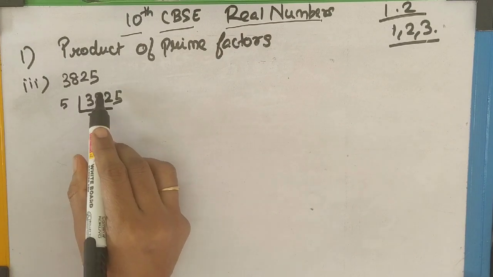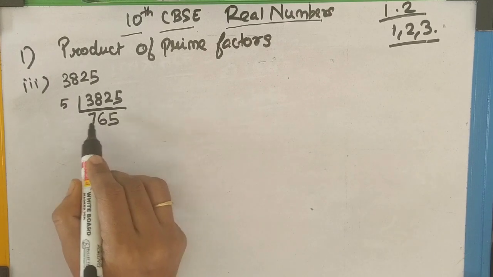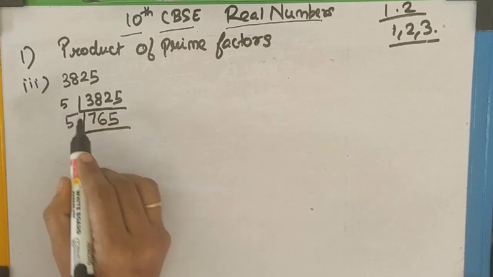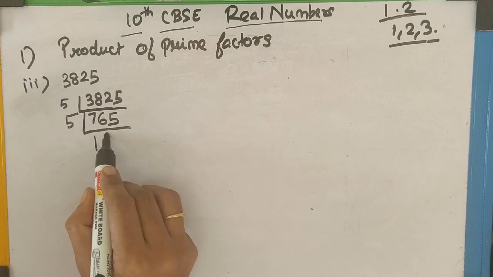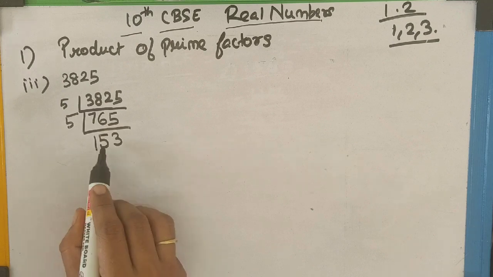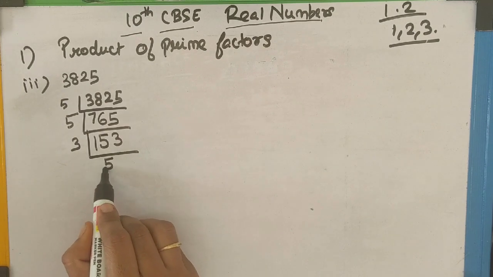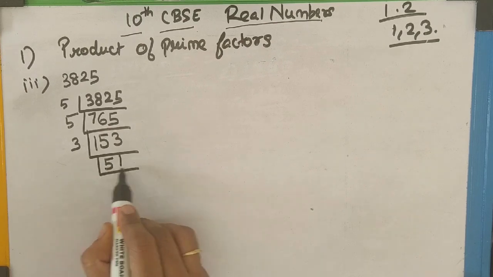3825. It's divisible by 5. So we are dividing with that 5 and we get 765. Now dividing with 5 we get 153. This number is divisible by 3. So we are dividing with 3 and we get 51. This is again divisible by 3.